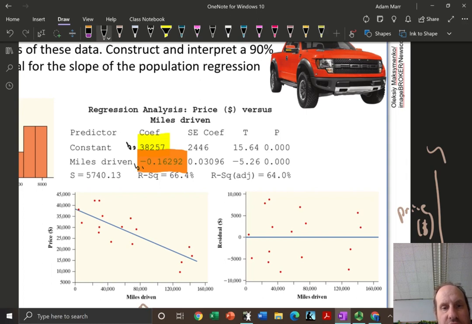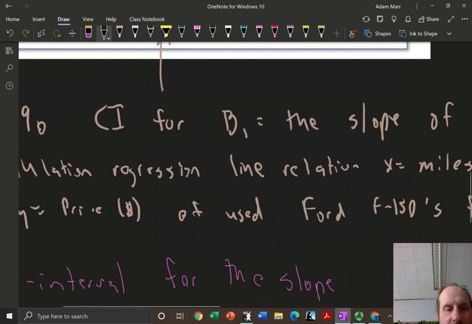Now, the standard error of the slope, b sub 1, is right there. This is what we need. So we know the slope is right there, underneath the constant, underneath miles driven. The standard error is right there. Now, remember, this t right here is not the same as t star. So the only thing we have to actually calculate ourselves is t star. Everything else will be okay.